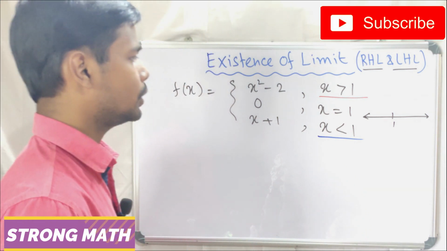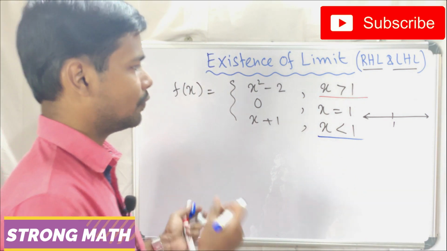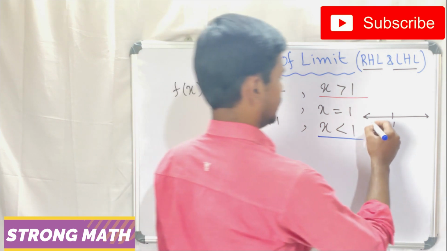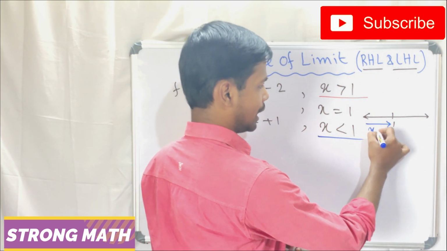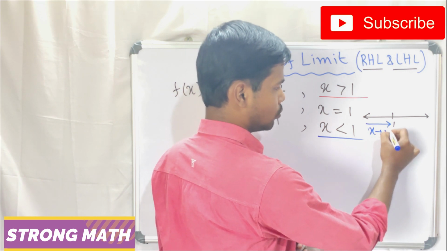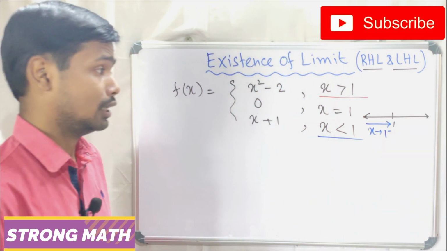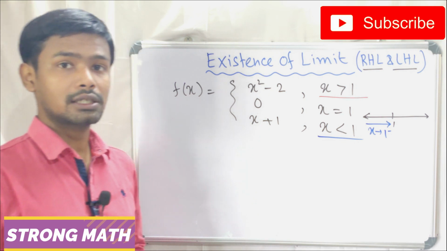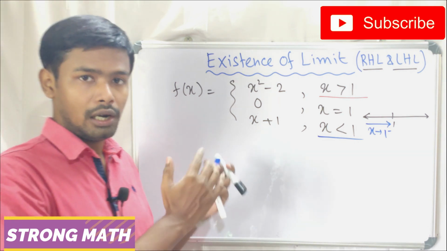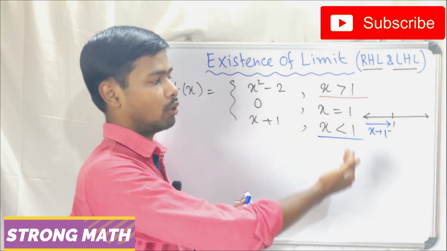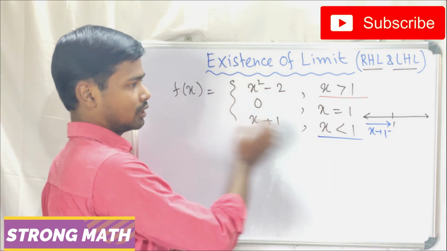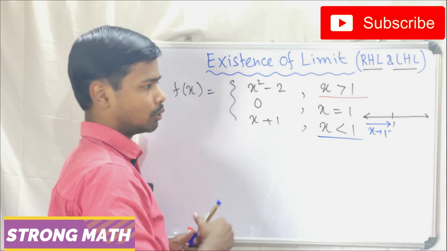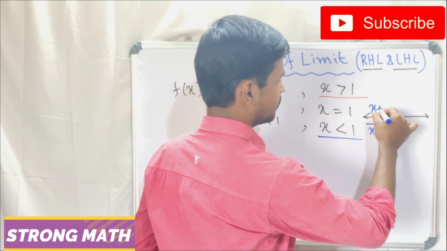If we approach from the left hand side towards 1, we write x tends to 1 minus, the negative sign indicating the direction from the left of 1 towards 1, and the value of the function here is x plus 1.